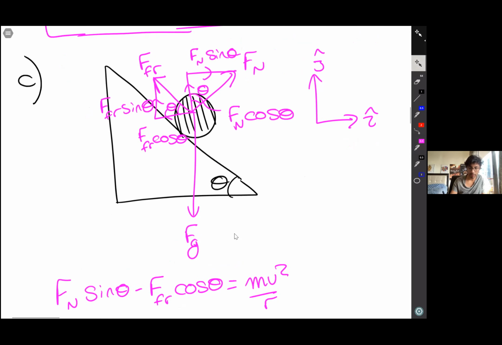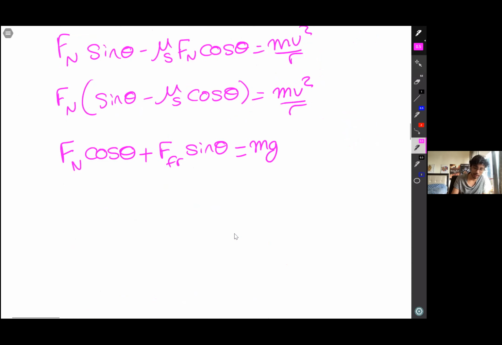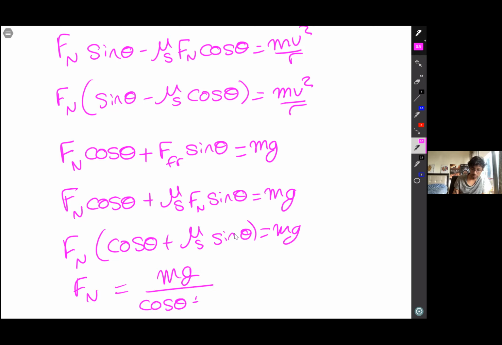Fn cos theta, F frictional sine theta. Yep. Once again, this is the same thing as saying Fn cos theta plus mu s Fn sine theta is equal to mg. Factoring out the Fn, I get Fn (cos theta plus mu s sine theta) is equal to mg, or Fn, the normal force, is equal to mg over (cos theta plus mu s sine theta).